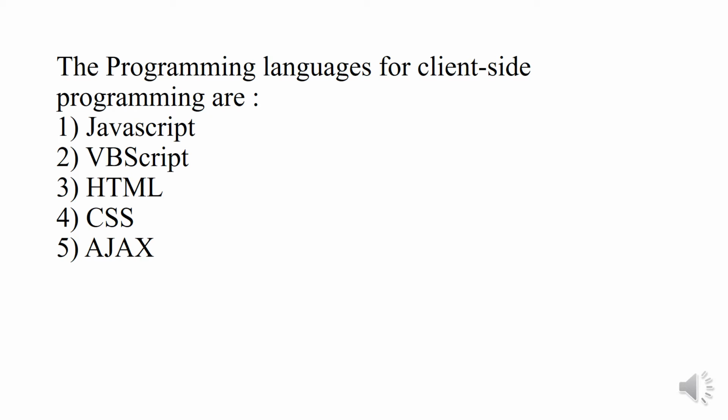The programming languages for client-side programming are JavaScript, VBScript, HTML, CSS, or Ajax. If you are interested to work on client-side programming, you should know at least one language which I just mentioned to work as a client side or front end developer.